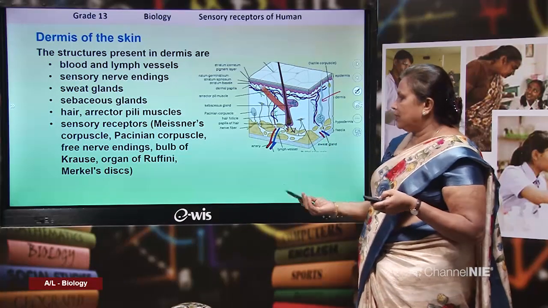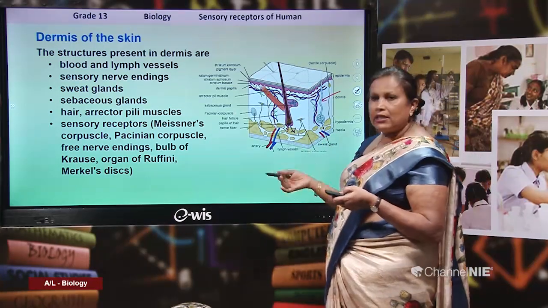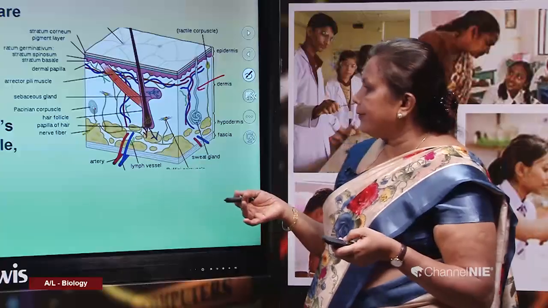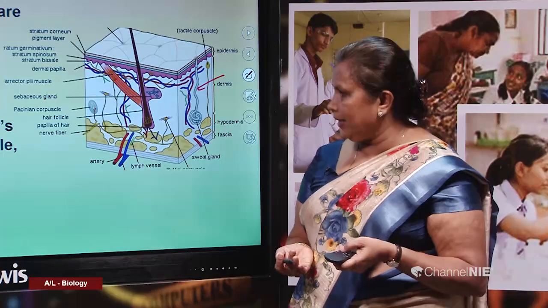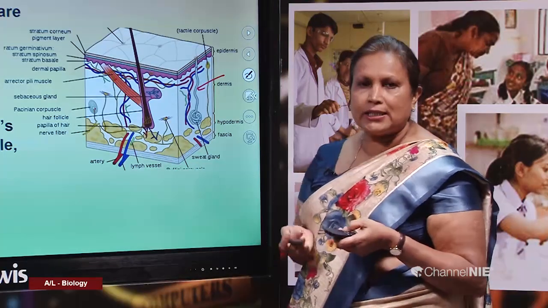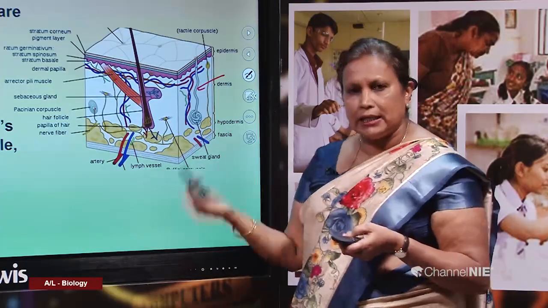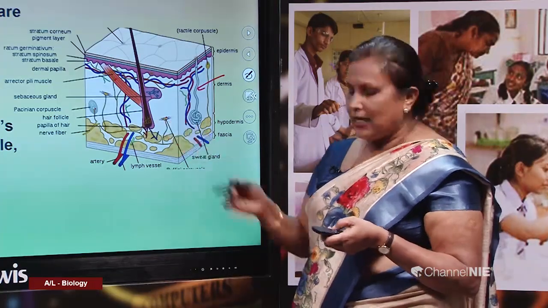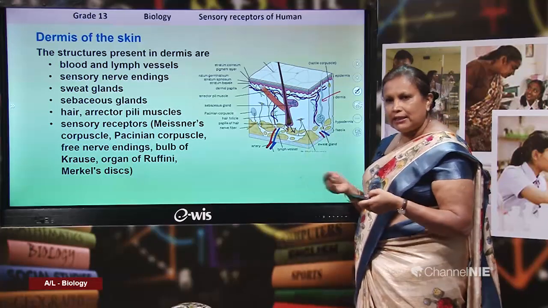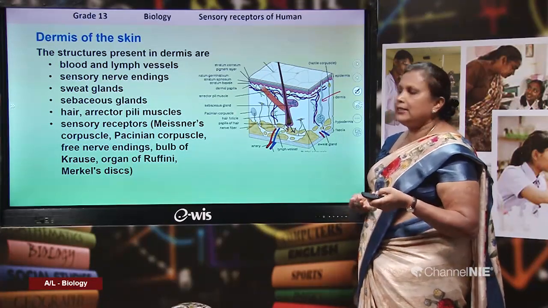Merkel discs. All these different types of sensory receptors, specialized nerve endings, can be found in the skin, which are found in the dermal region. So, you need to remember that. These are specialized structures which detect different changes in the atmosphere.